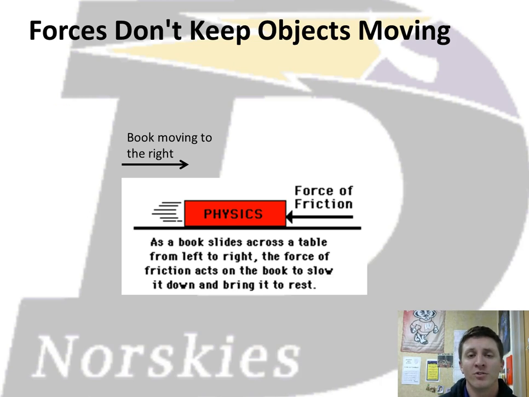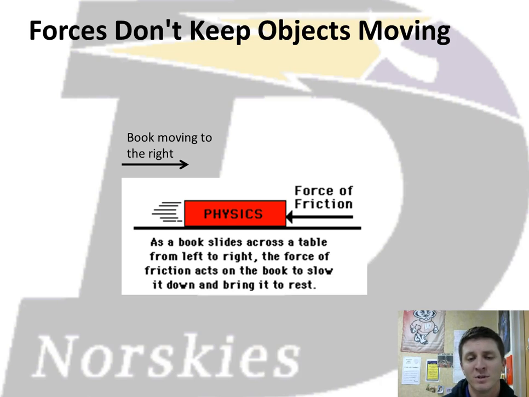This means that forces do not keep objects moving. If we look, we have a physics book here that is moving to the right on a table. If I slide it across the table, eventually it's going to come to a stop due to the force of friction. As the book slides across the table from left to right, the force of friction acts on the book to slow it down and bring it to rest.